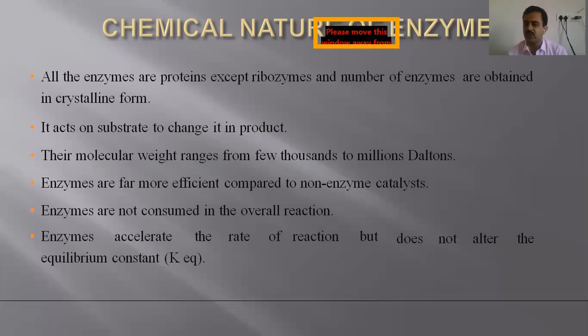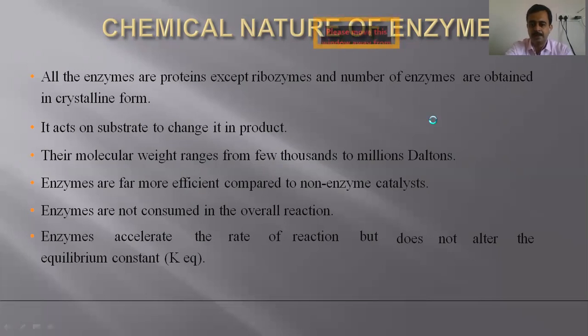This is a very specific reaction that the enzyme carries out. Then its molecular weight ranges from a few thousand to million Daltons. Therefore, it acts very specifically into the product.